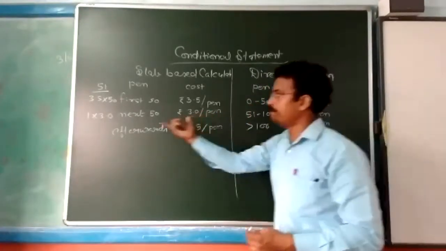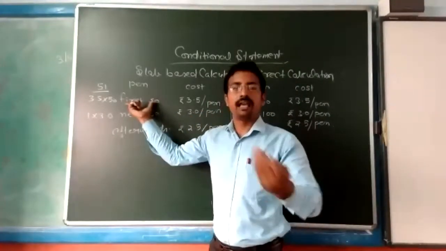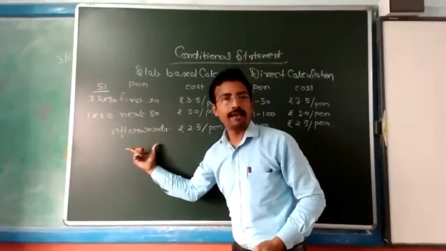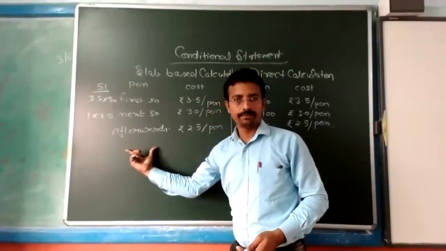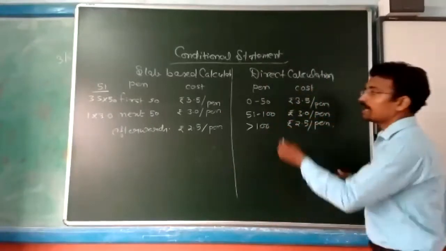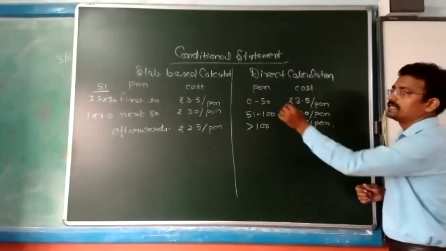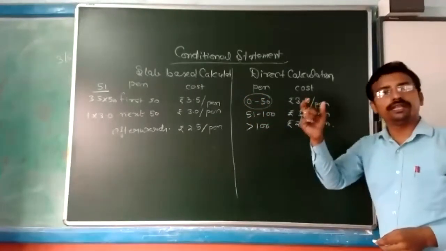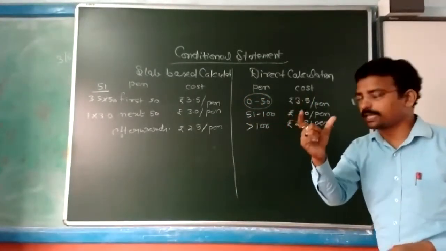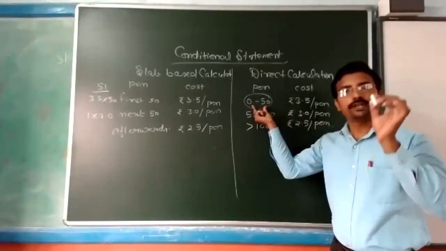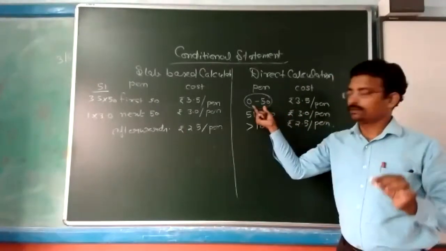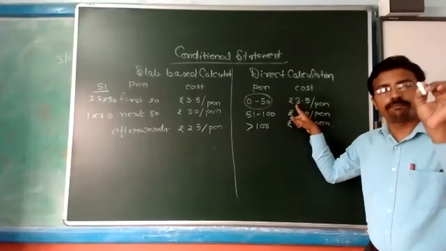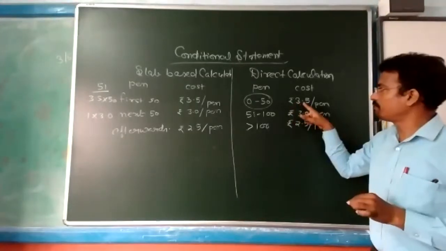Slab is what? First 50. Second 50. After 100. Same way, if we come here, no slab is there. Here is a range, and the range says if I have purchased 45 pens, I will pay each pen at 3.5.